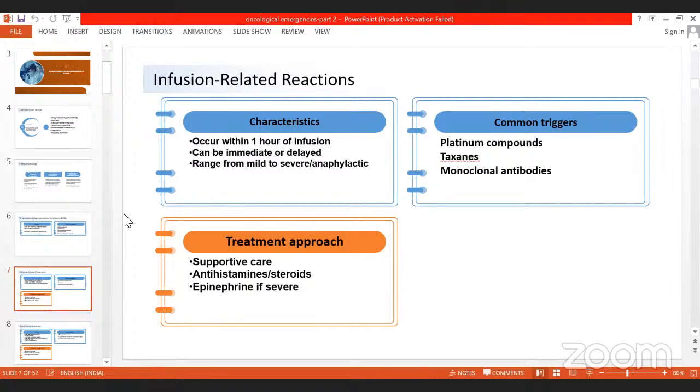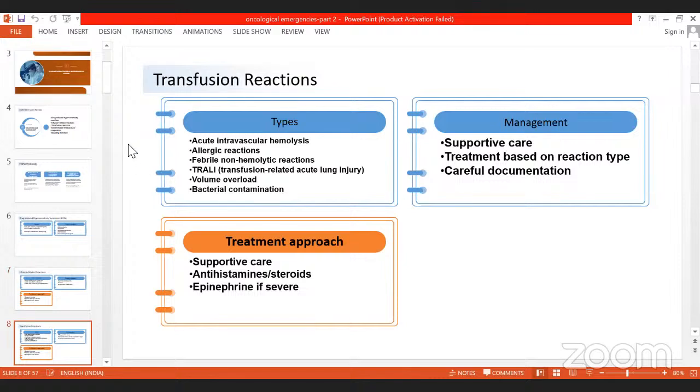To prevent or decrease the incidence of these, whenever we give platinum, taxanes, or monoclonal antibodies, we give an antihistamine before the chemotherapy. For treatment, we give supportive care, antihistamines or steroids as pre-medication before the chemotherapies, and epinephrine if it is very severe.